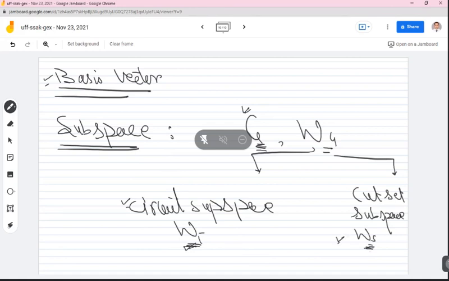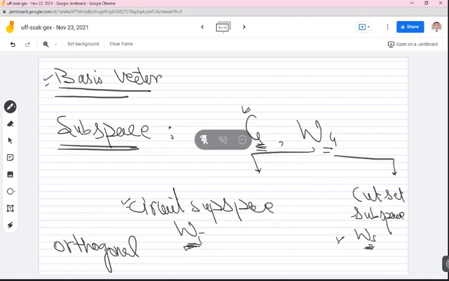find what the dimension of these subspaces is. And also you can find the orthogonal and orthonormal subspaces.